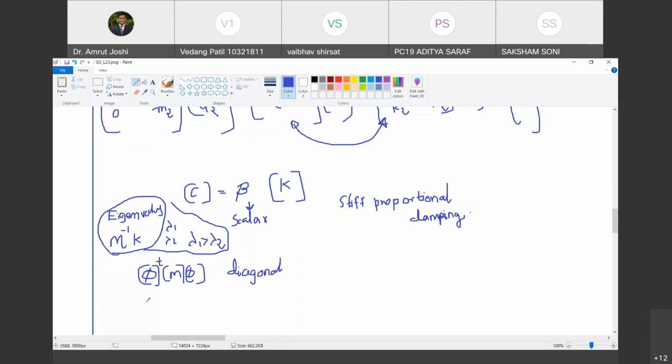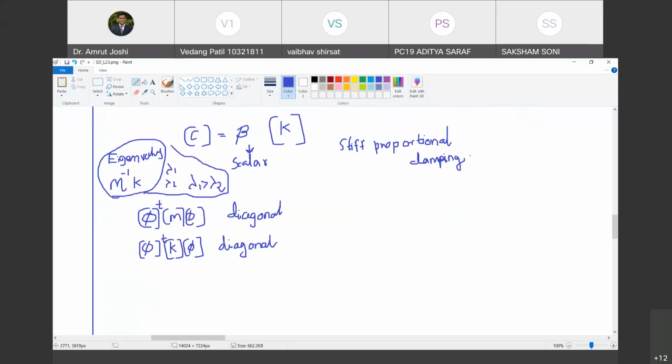Then what about phi transpose K phi? Also diagonal.